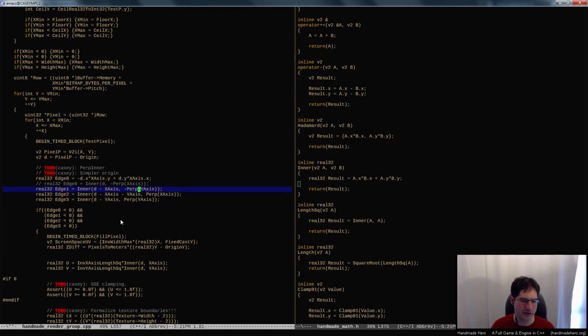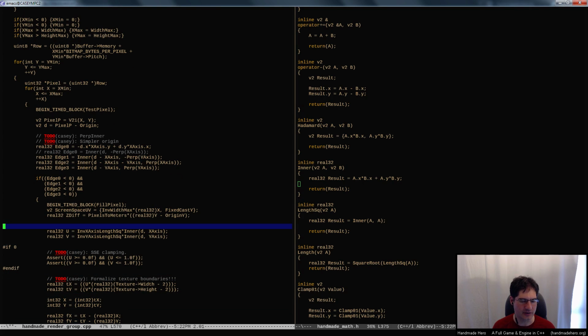So I feel like this is probably not the most efficient way we could iterate over this, in terms of our equations here. Similarly, right here we're computing the u and the v to do our texture mapping, and the u and the v would also tell us whether we were inside the bitmap. If we just ignored this edge stuff entirely and never tested the edges, what if we just tested these two?